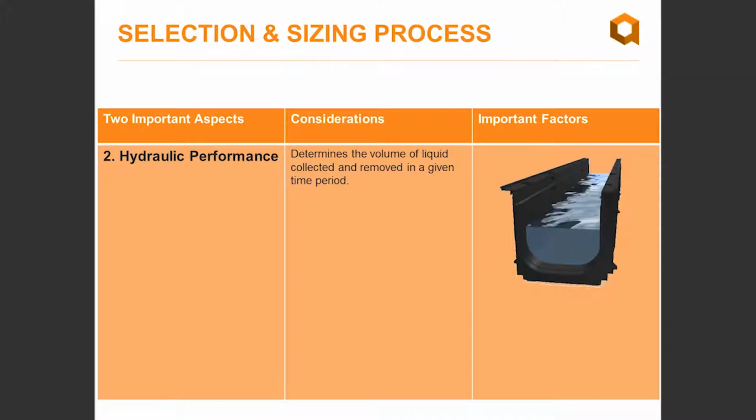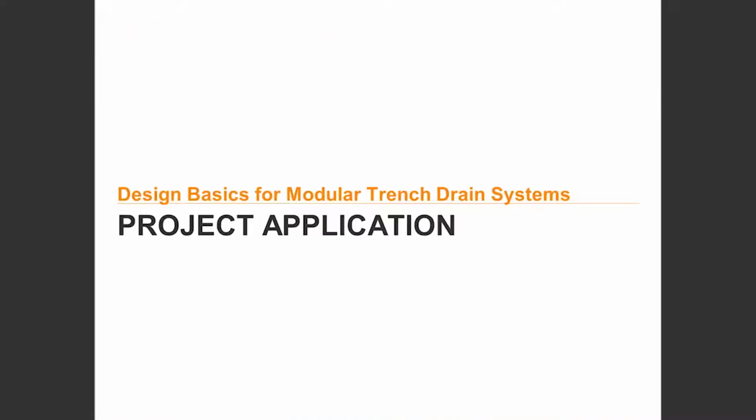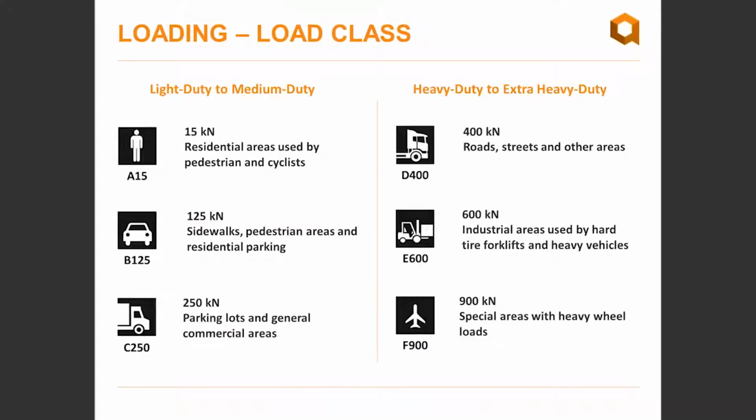So let's start with the first aspect, which is the project application. The first thing we need to look at is the load class. The load classes are very similar to live loads, but specific to trench drains. The number in the load class, let's take this example here, A15: the 15 represents the proof load, so 15 kilonewton.